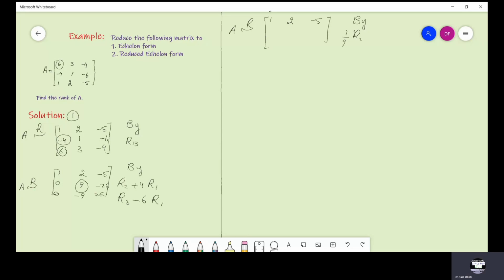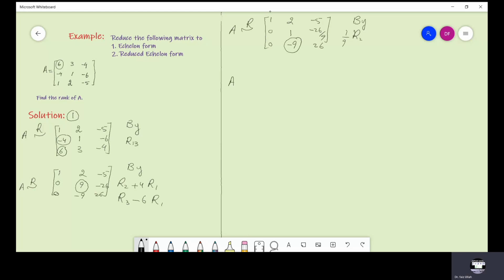Let us divide this row 2 by 9: 0, this is now 1 and this one is minus 26 by 9, and this row should be as it is: 0, minus 9, 26. The next thing is that we need this minus 9 to be 0.